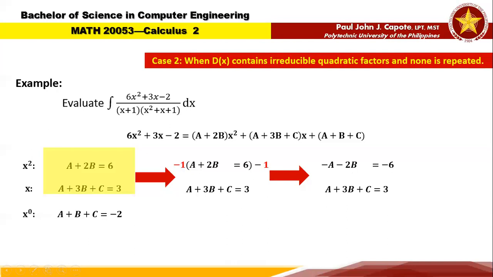And then I will add this derived first equation to the second equation. And so I will eliminate the constant a because they are opposites. So negative 2b plus 3b is positive b, copy plus c equals negative 6 plus 3 is negative 3.